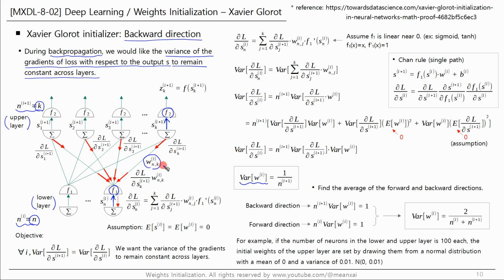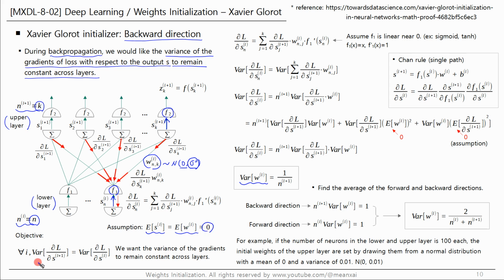When we try to initialize Wi using a normal distribution with mean 0 and variance sigma squared, we will try to find the optimal sigma squared. We assume that the means of both S and W is 0.